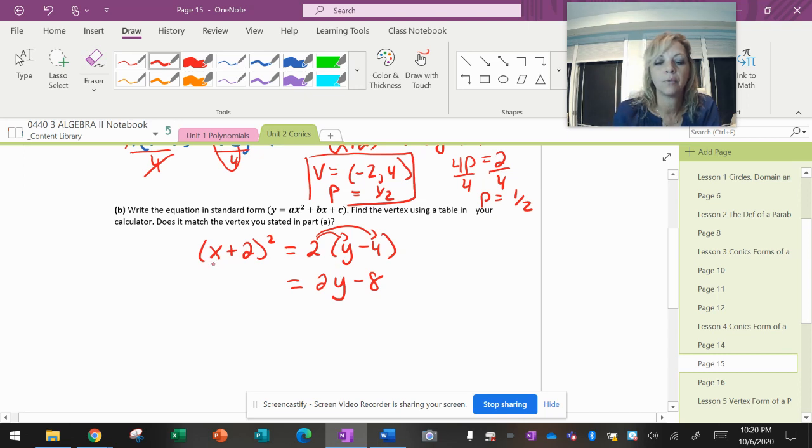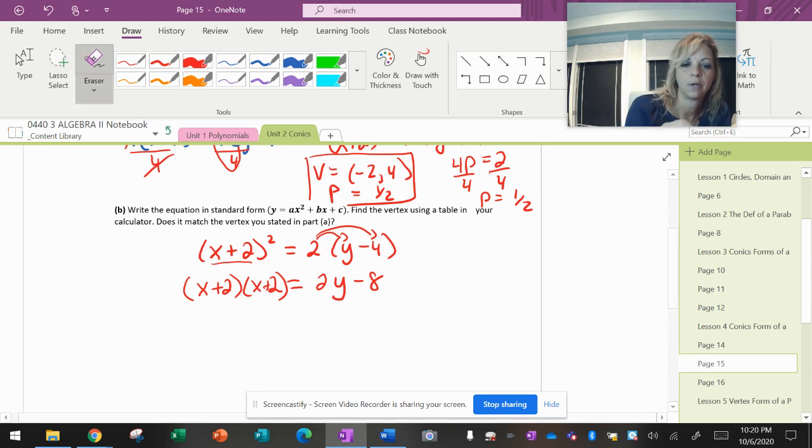And then remember, (x plus 2) squared, I taught you this in the last unit. It's one of the reasons why we went over it. You've got to remember that (x plus 2) squared is (x plus 2) times (x plus 2). And then you do your distribution properties.